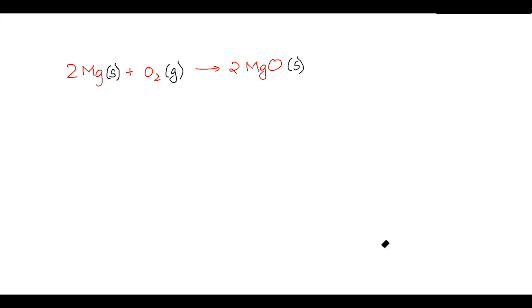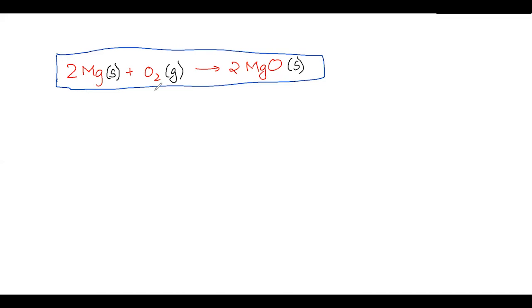Now let me show you. So this is a complete chemical equation where we mention the reactants and the products. Now let's see the components.